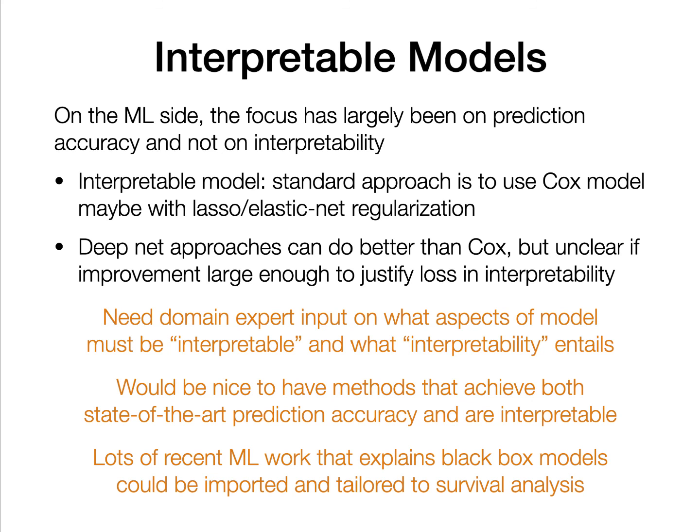A lot of these ideas, such as SHAP and so forth, could be imported and tailored for survival analysis, but they come with the same pros and cons as they do when analyzing black box models. And some researchers would argue that you should just use an interpretable model to begin with rather than learning an uninterpretable black box that, after learning the model, you use one of these model interpretation methods to attempt to interpret.